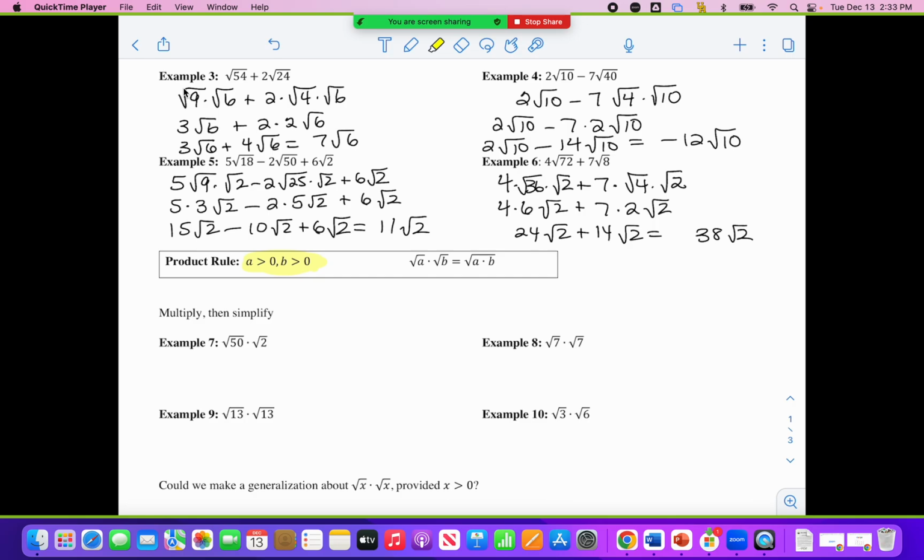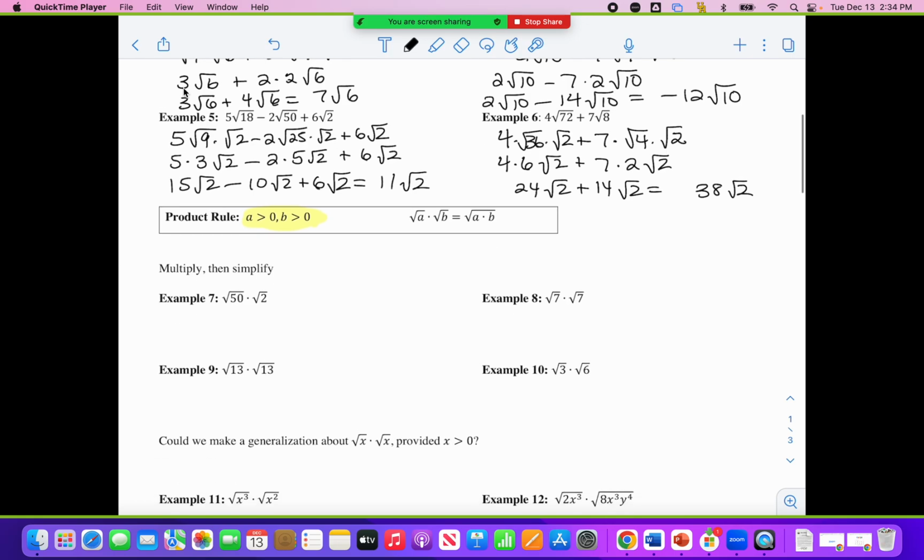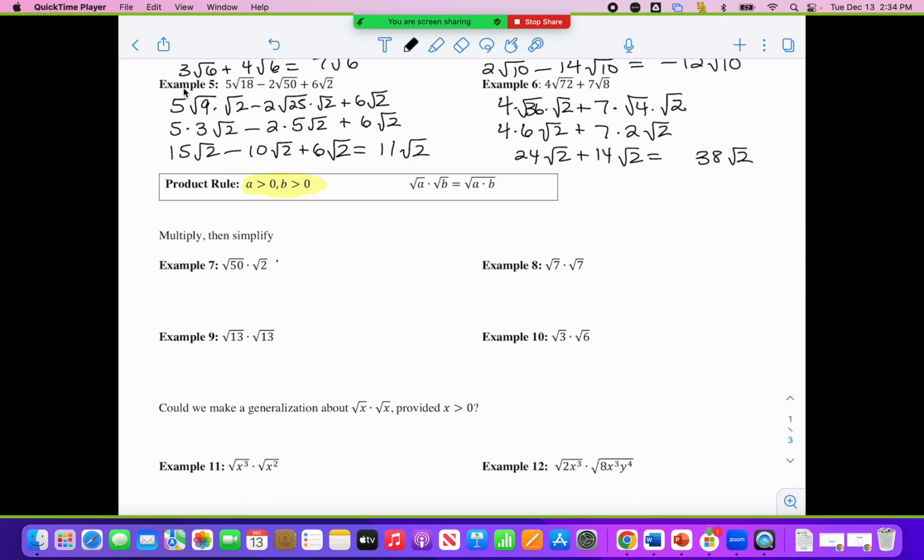Okay, so this product rule only works if the radicands are positive numbers, okay? And so the square root of a times the square root of b equals the square root of a times b. So in example 7, I can multiply those and say the square root of 100, which is 10.